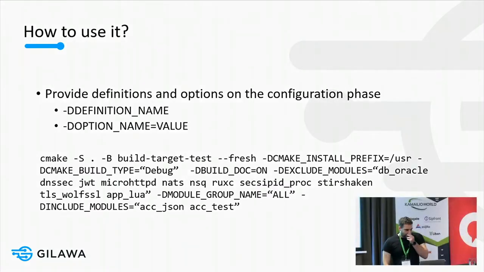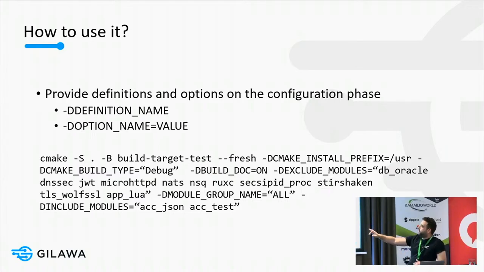Let's get on how to use it. So this is the configuration phase, full command, for example. We need to provide our definitions and options on the configuration phase, this way. -D is the standard. This is the way to pass any definition into cmake, and the definition name or option, equals, and the value.